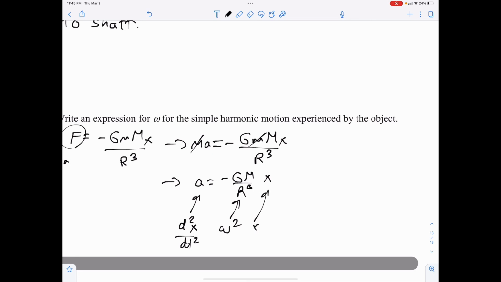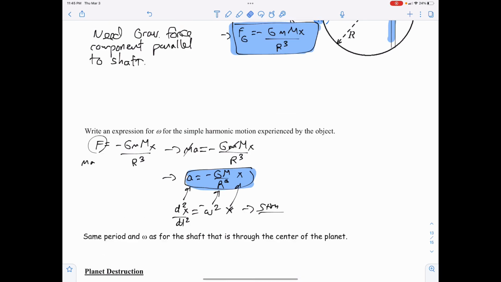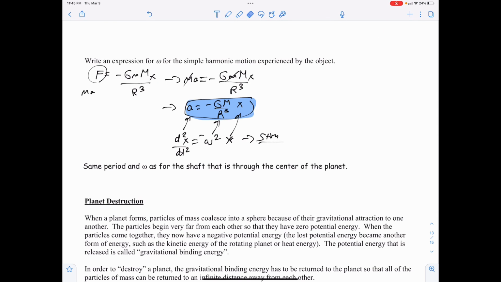And that's x. And that's your simple harmonic motion equation right there. So it fits. Same period and omega for the shaft as through the center of the planet.